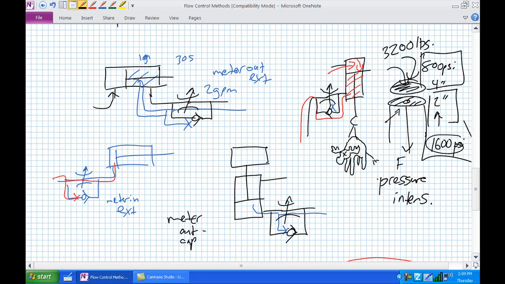So your 1,600 psi may become 2,400 psi. You've totally blown that hose there. Okay, so be aware. Meter in has disadvantages in that you shouldn't use it for suspended and overrunning loads. Meter out has disadvantages because pressure intensification can occur, especially in the lifting the dead moose problem.